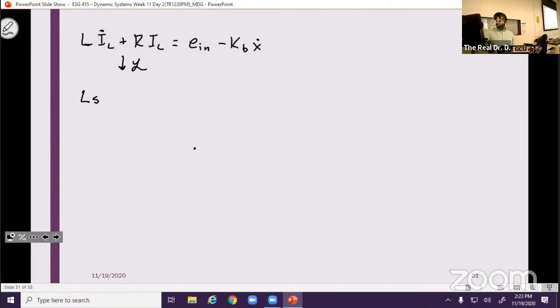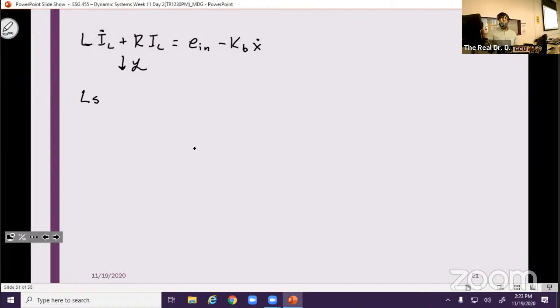Okay. So the other equation that we're using is L I dot L plus R IL is equal to E in, minus K B X dot. So, okay, take the Laplace transform.